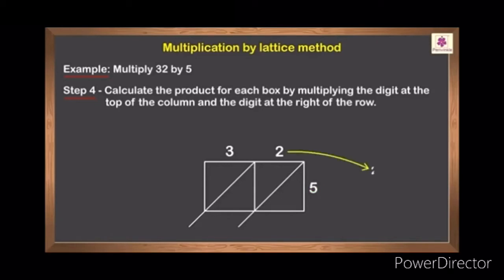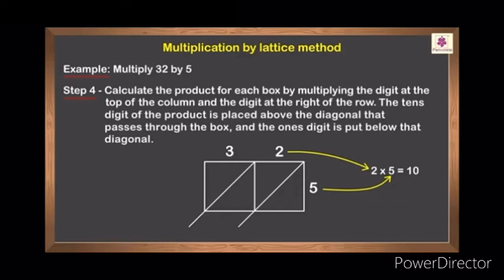So, 2 multiplied by 5 is equal to 10. Place the tens digit of the product, that is 1, above the diagonal that passes through the box and the ones digit, that is 0, below that diagonal.